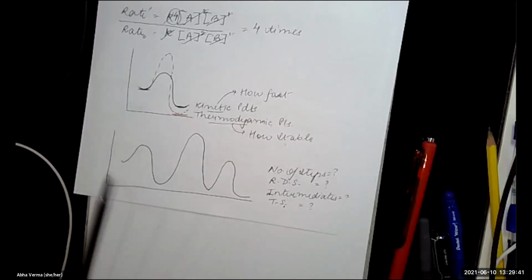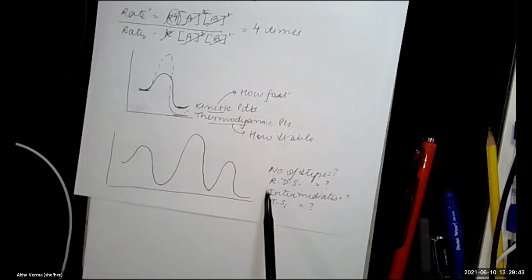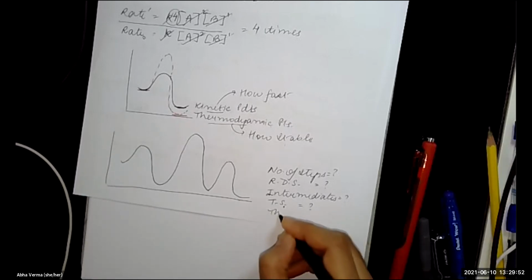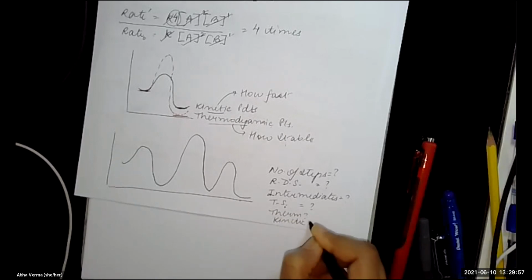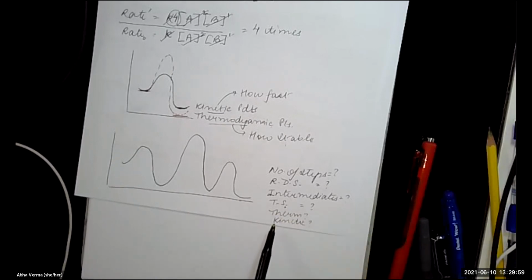Now looking at the energy diagram, these are the things that you must always understand, besides the question of whether you are forming the stable thermodynamic product or a kinetic product. Remember, kinetic products form faster, but they may not be stable. Thermodynamic products will always be a stable structure. What does stability mean? Low energy.